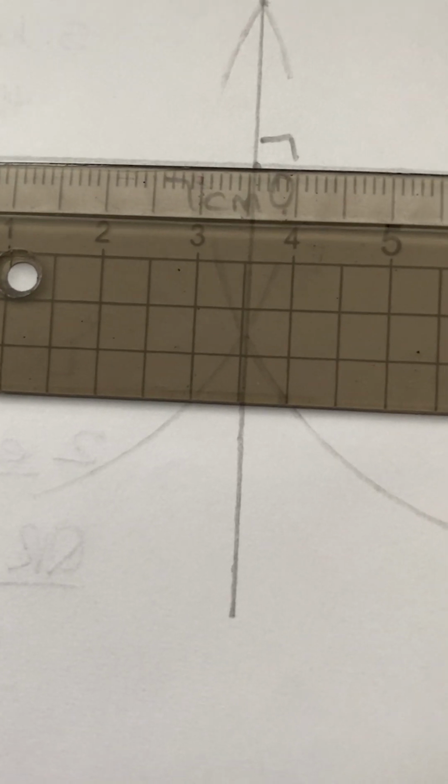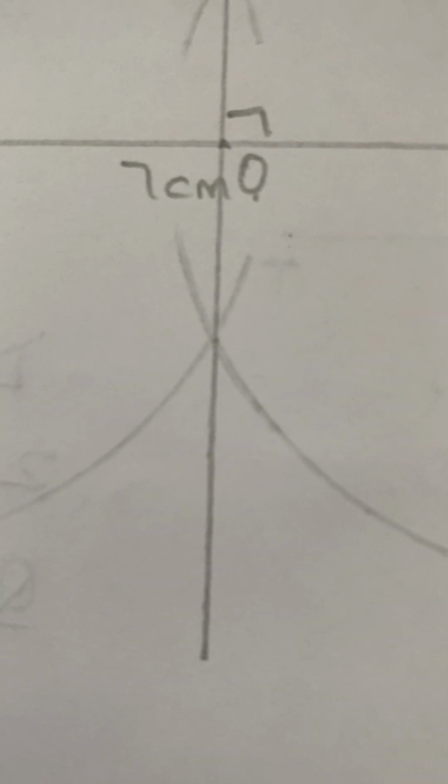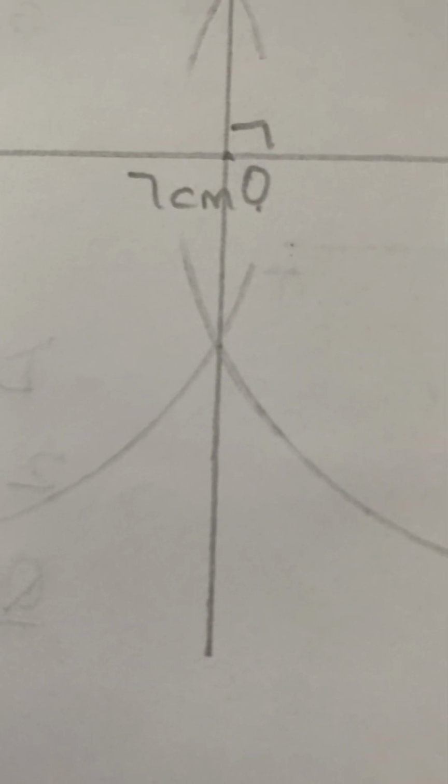If you zoom in, it is exactly 3.5 centimeters. There, that is our point of intersection. Again, we've bisected the line, we've divided the line into two.